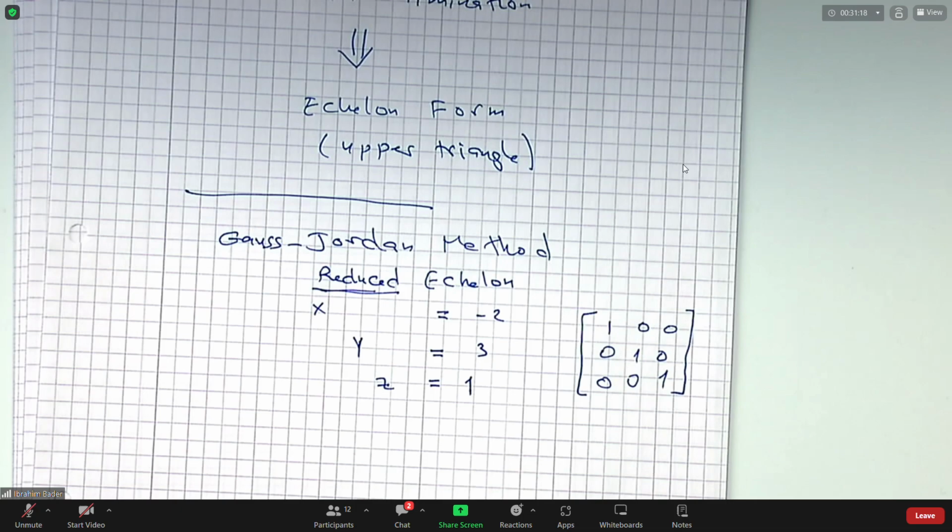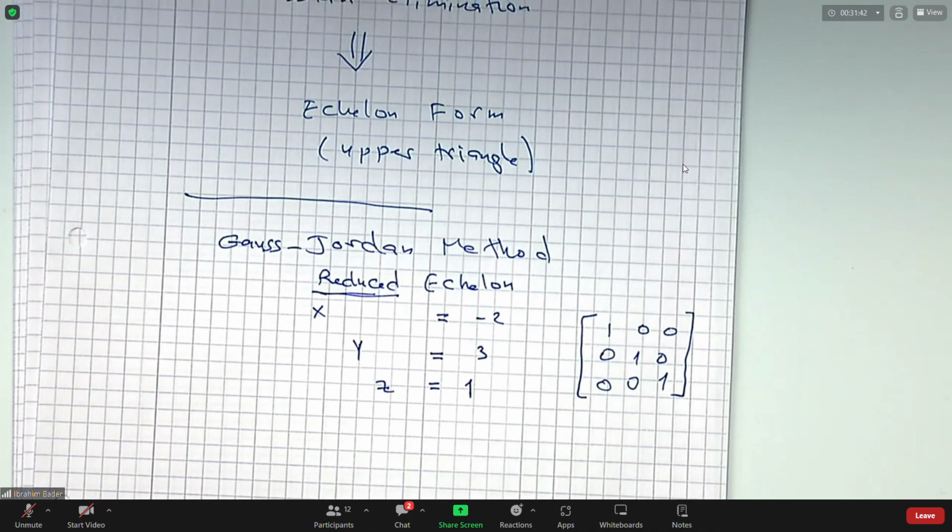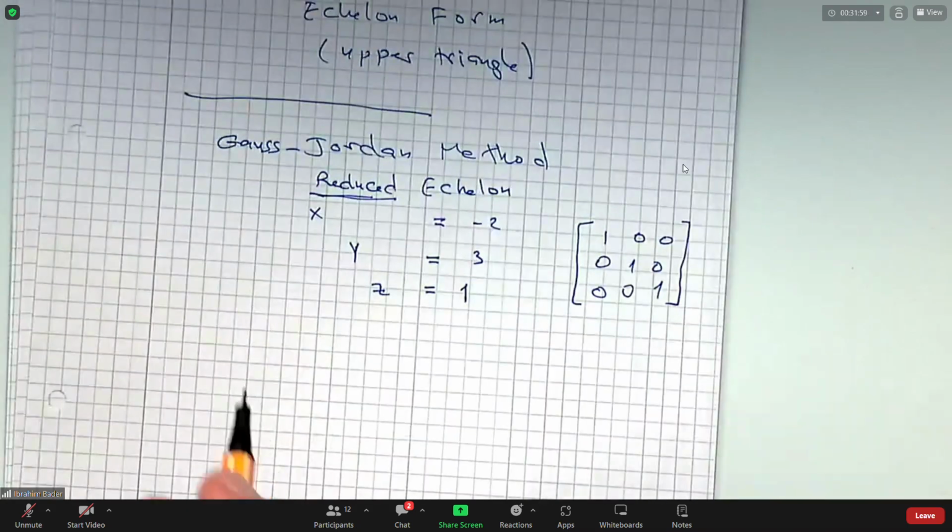All right, so let's go to the next topic. We said that we might get linear systems with no solution.